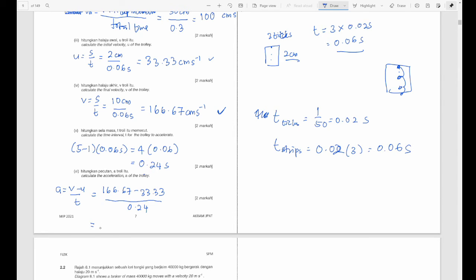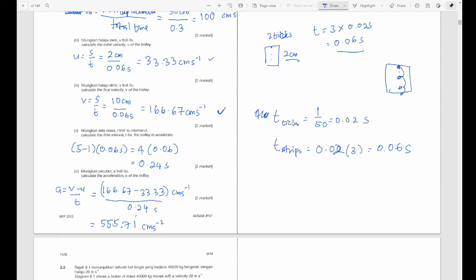Your final answer should be 555.71. What about the unit? The unit for the numerator is velocity, centimeter per second, and the unit for time is second. So your unit for acceleration should be centimeter per second squared.